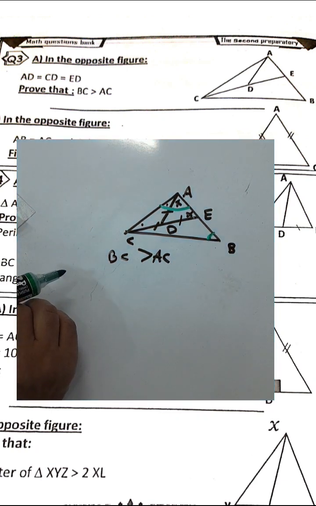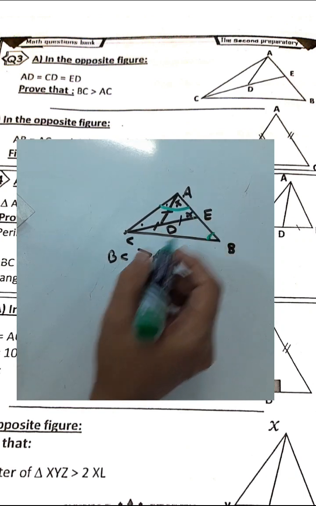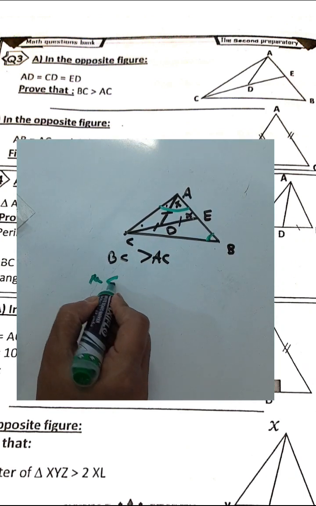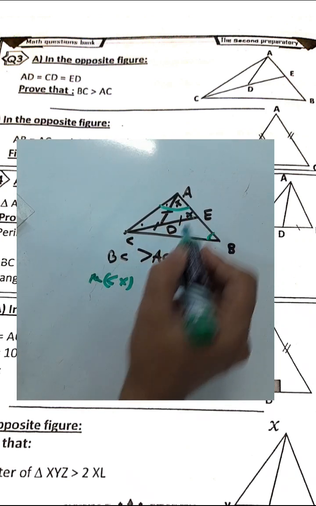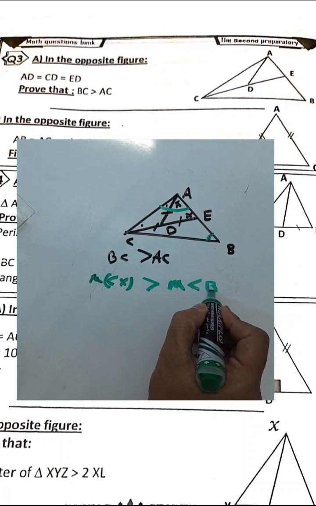First step, we have x and x. The measure of angle x will be greater than the measure of angle B. Why?